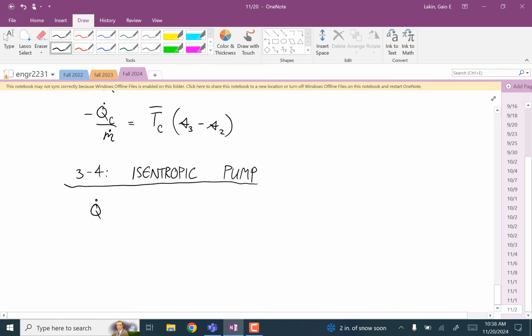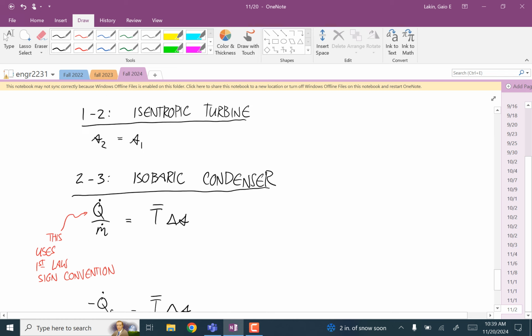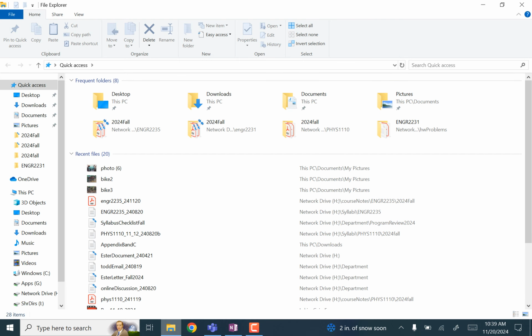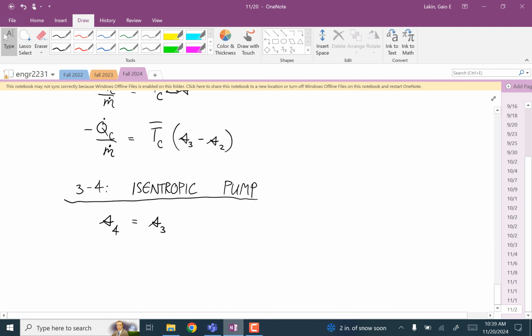We have Q dot over M dot is equal to, well, I don't even have to start there. Sorry about all the erasing. We can just say, it's isentropic. So all we're trying to get to is that the specific entropy at state 4 is equal to the specific entropy at state 3. These two isentropic parts, we're just going to use these for substitutions later on to make cancellations. That's all we're doing those for.